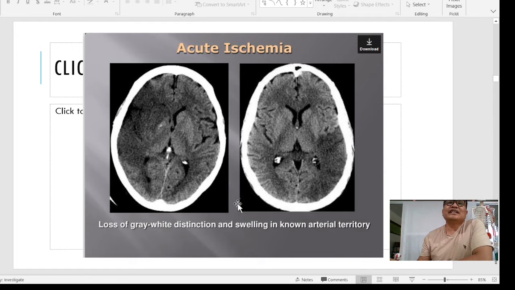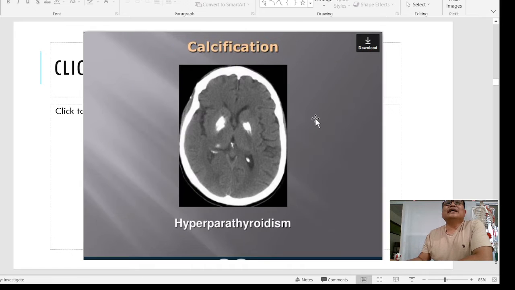Plus, if you look here, that is an example of calcifications within the ventricles. Okay, so that's an example of classic brain calcifications in persons with hyperparathyroidism.